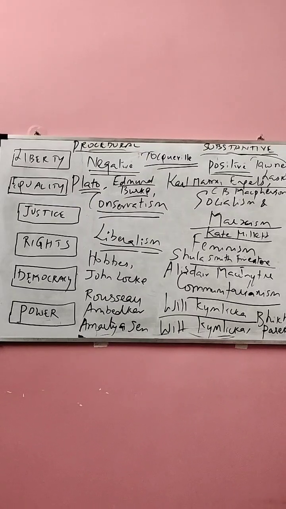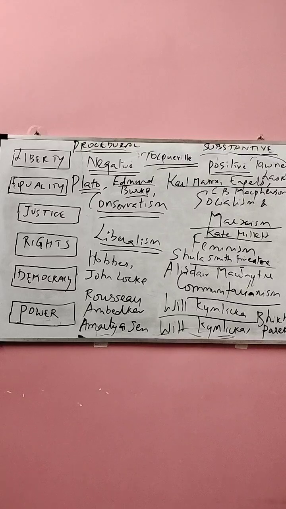I hope you have noted down the association of the 6 key concepts with important ideologies as well as the associated scholars. Ideology is nothing but a set of ideas, views, values, and opinions about reality. This is called ideology. Marxism, socialism, feminism, liberalism, conservatism are the important political ideologies.